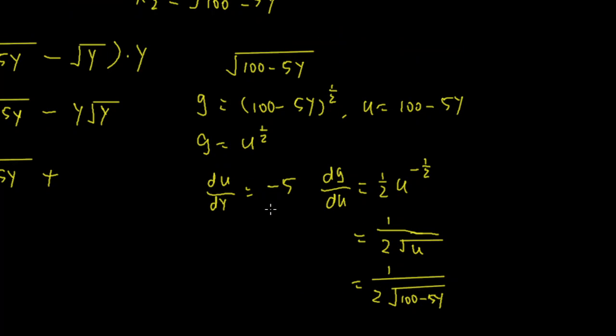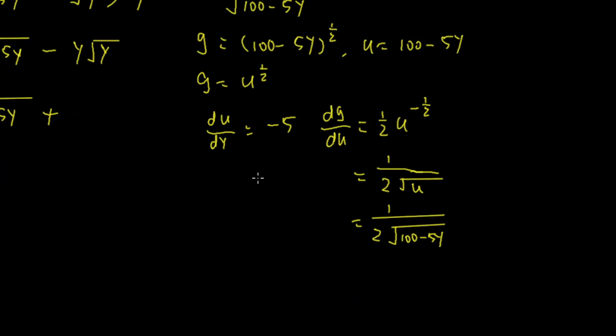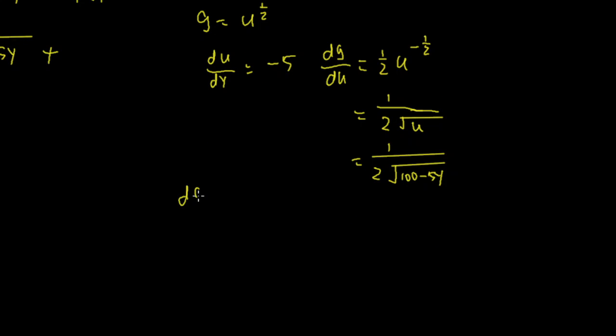And if I want to find the derivative of 100 minus 5y all to the power of 1/2, I'm taking the derivative of g with respect to y. So dg over dy, that's what I'm looking for. According to the chain rule, this is equal to dg over du times du over dy. Right? Because when du and du cancel out, all you have left is just dg over dy.